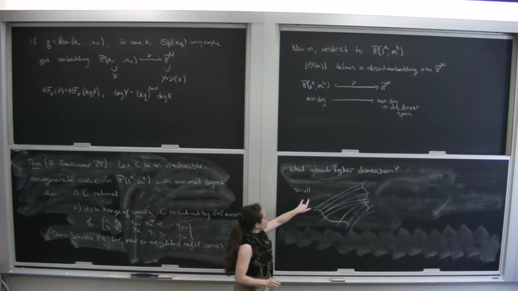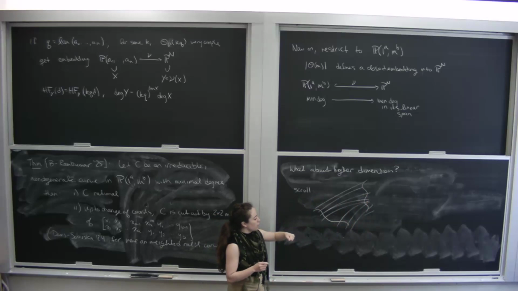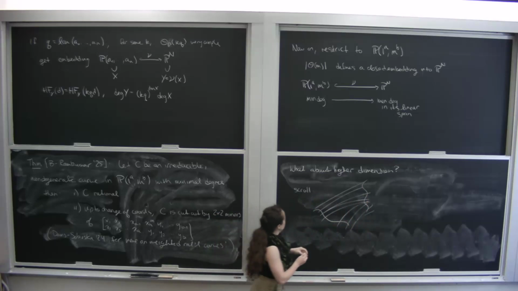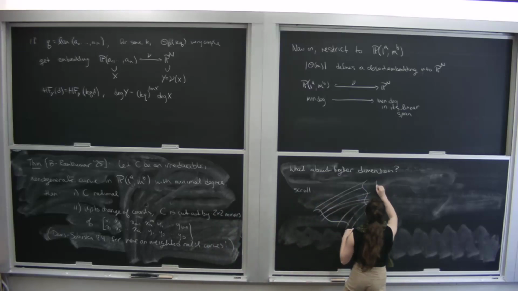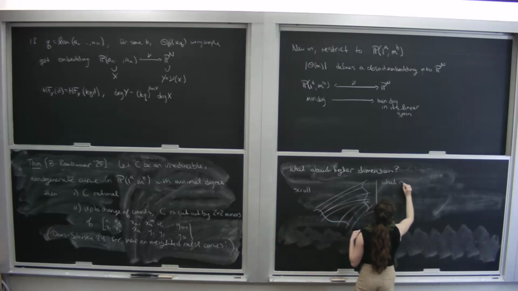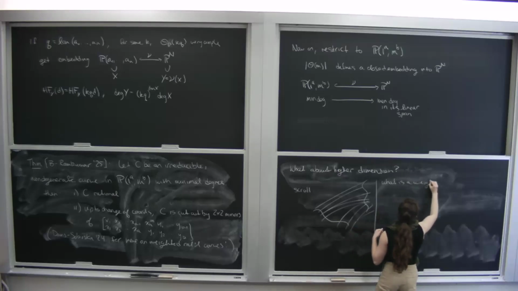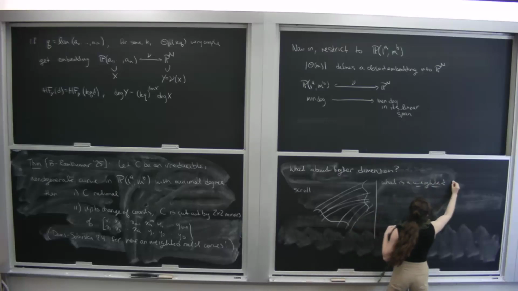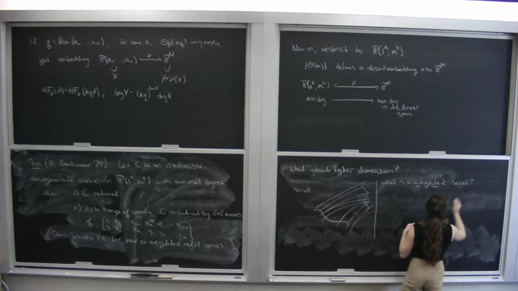Okay, and so what we want to do is see what our weighted scrolls should be. Can we do a weighted scroll that is minimal degree? So we want to know, what is a weighted scroll?